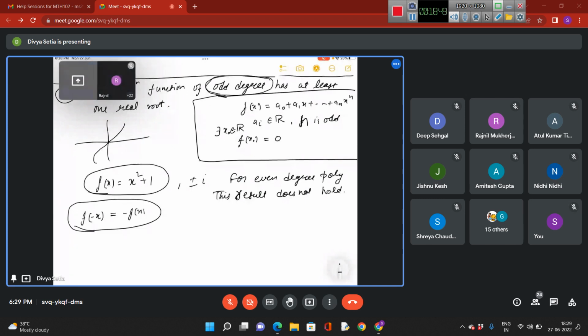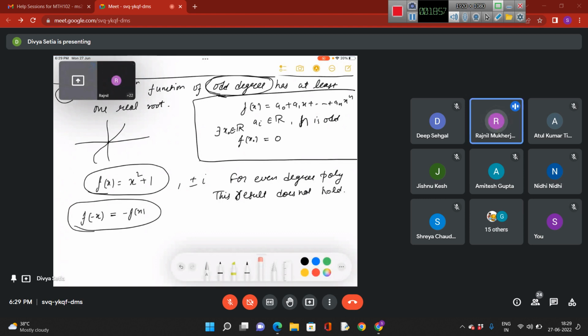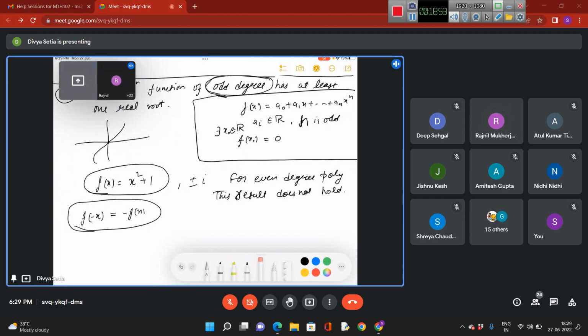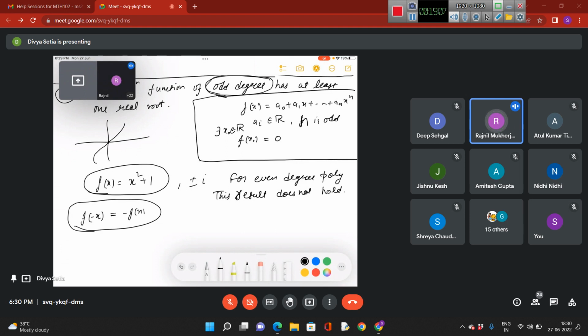Why is it a problematic issue? What goes wrong for the odd degree? What is so special about odd degree that this result holds? Because for odd degree, if we replace x, then it goes into the negative y-axis.